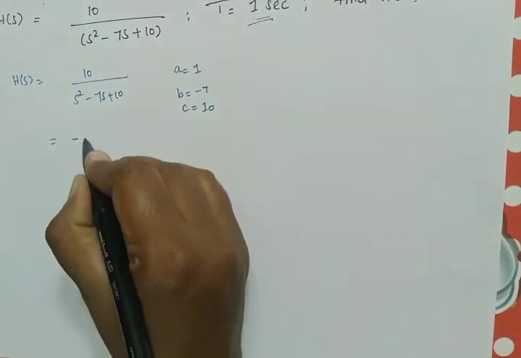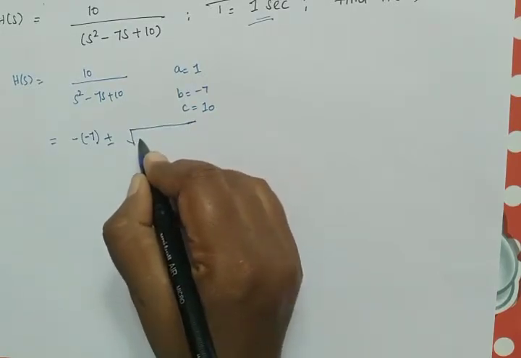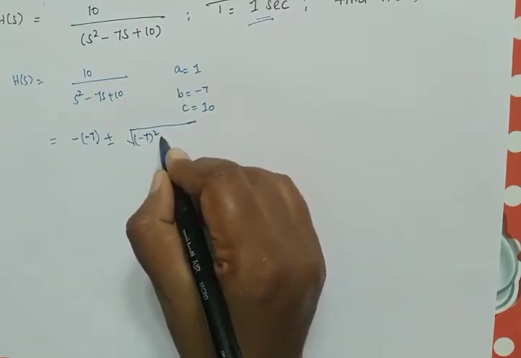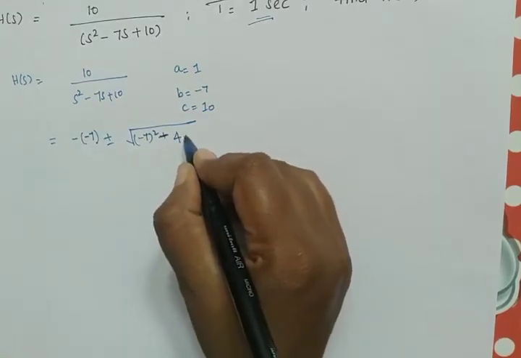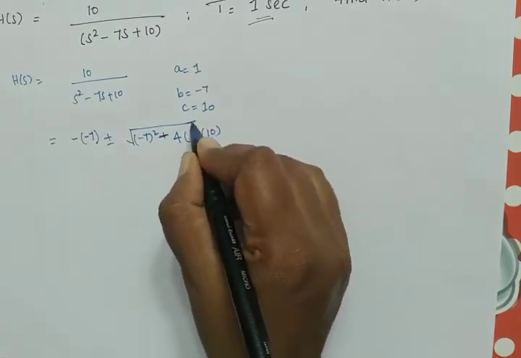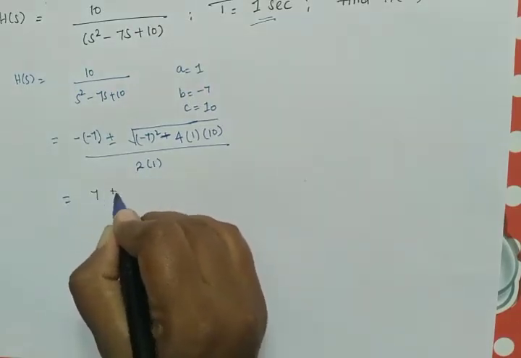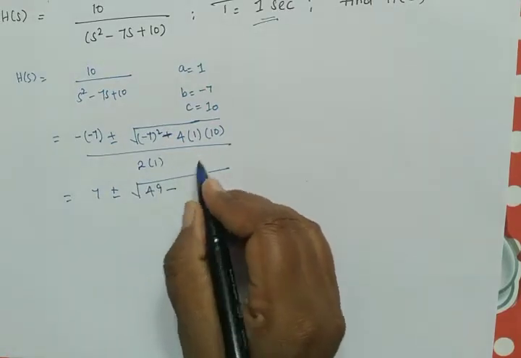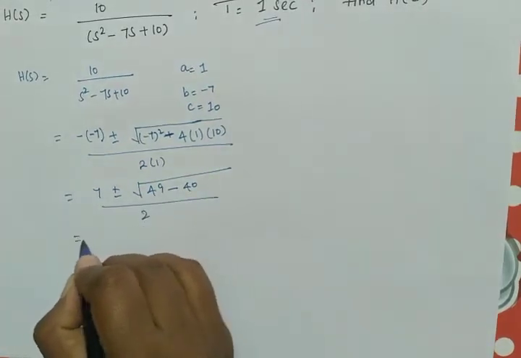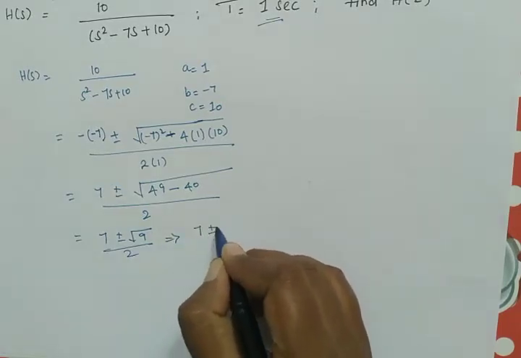So minus b plus or minus square root of b square minus 4ac, the whole divided by 2a. Therefore we get 7 plus or minus square root of, 7 sevens are 49, minus 4 tens are 40, the whole divided by 2. So we get 7 plus or minus square root of 9 by 2, which is 7 plus or minus 3 by 2.